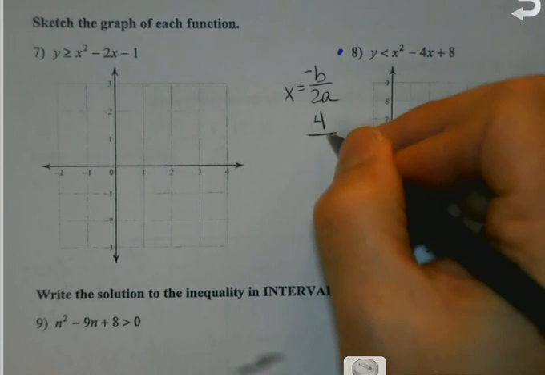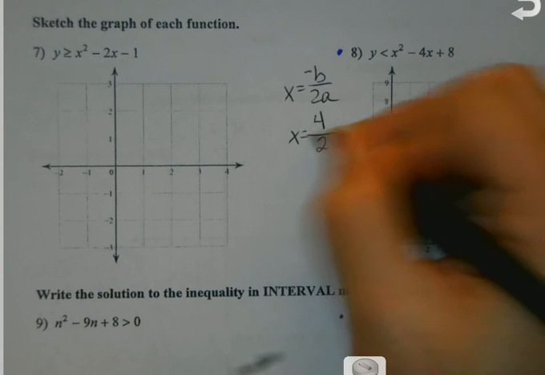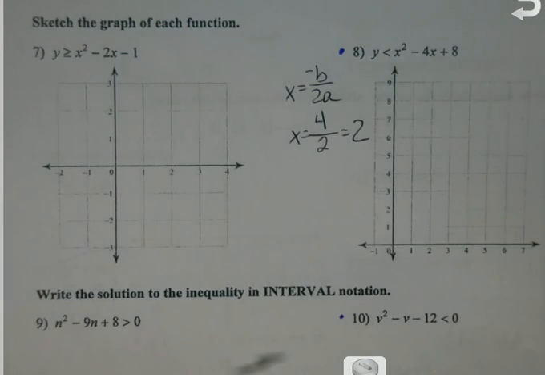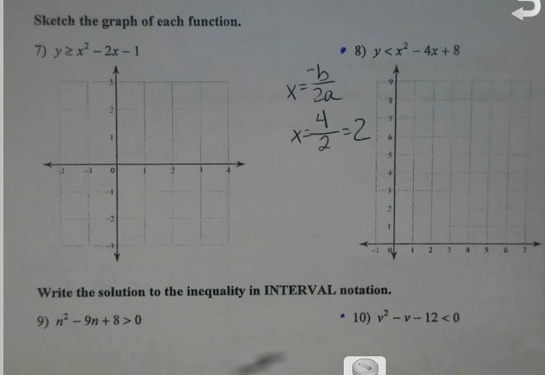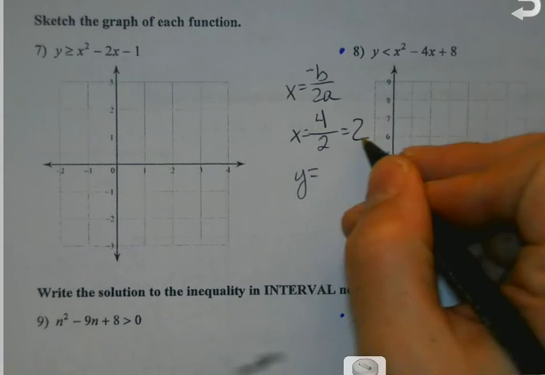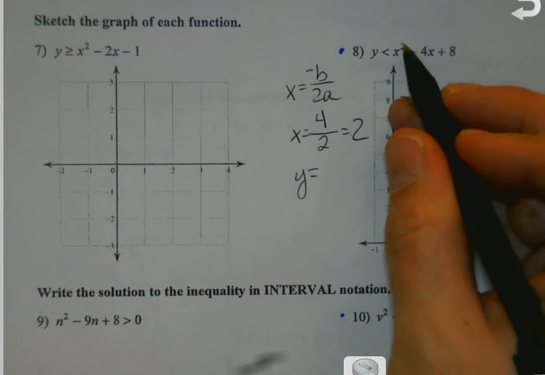Over 2 times 1 would be 2. So I get my x value. And then I can either figure out my y by plugging that in. 2 squared is 4.